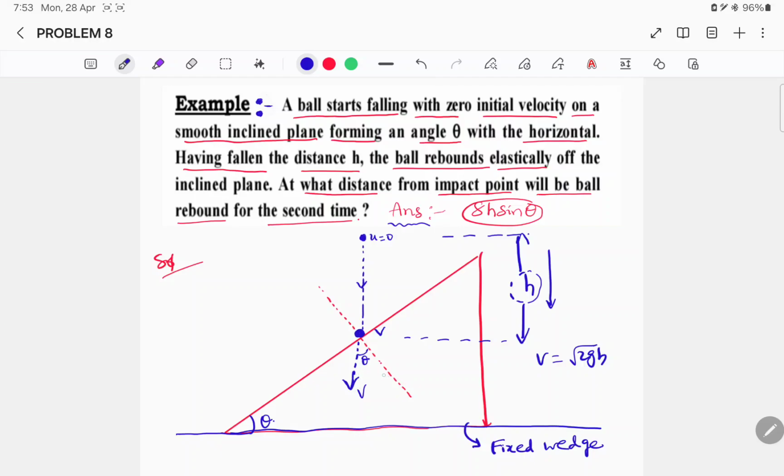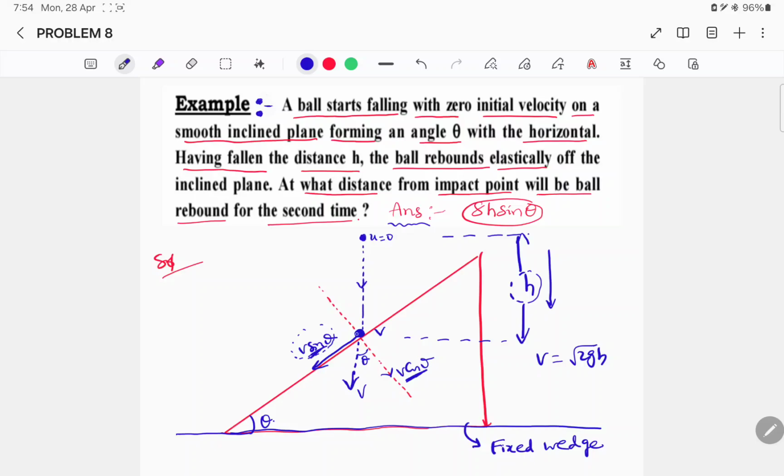So this is v, and I can resolve it into two components, v cos theta and v sin theta. Now you can see this component is along the line of impact, and this component is parallel to the line of impact, so this component will be unaffected, and whichever velocity is along the line of impact will be influenced in the collision process.